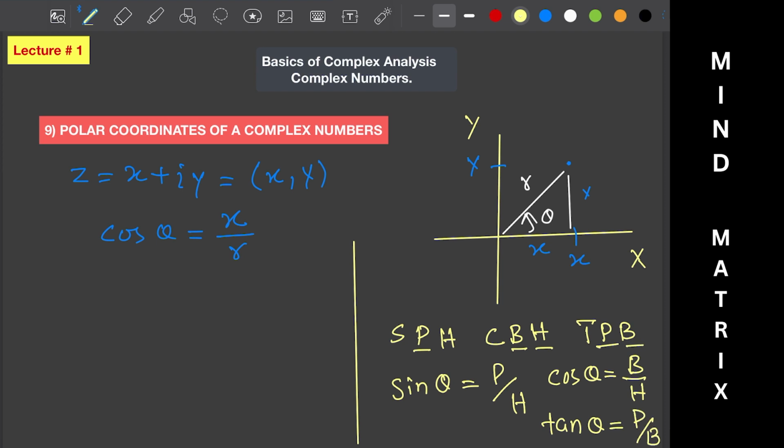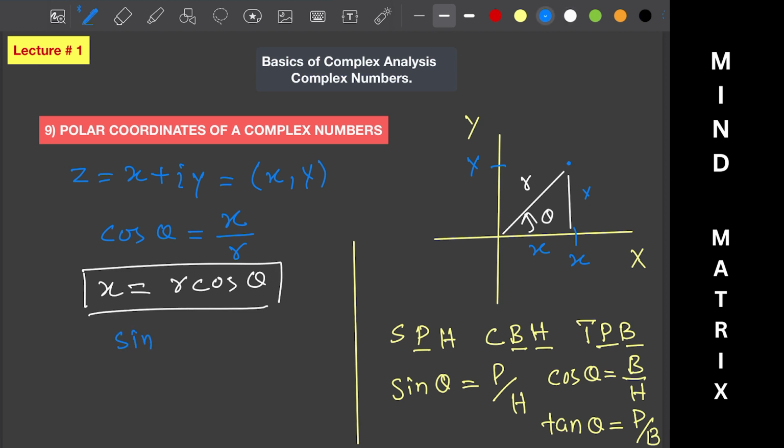We will use the same principle here. So when we find cos theta, this is base over hypotenuse. So from here we have x equals r cos theta. This is the value of x. Similarly, now we will find sin theta equals perpendicular upon hypotenuse. So perpendicular we have y over r. So when we solve it, we will have y equals r sin theta.